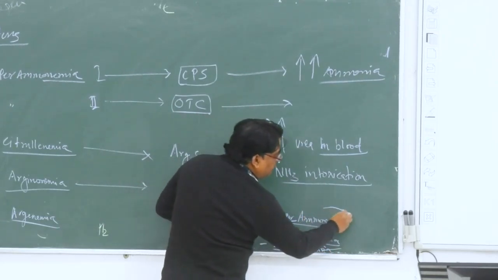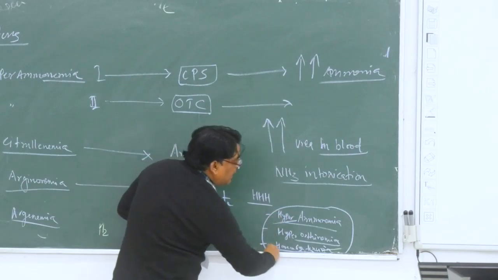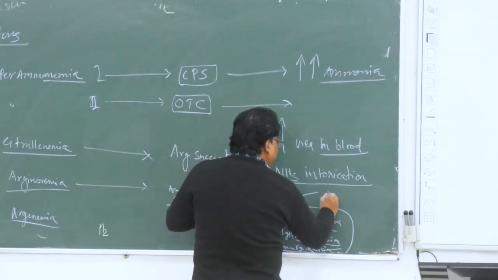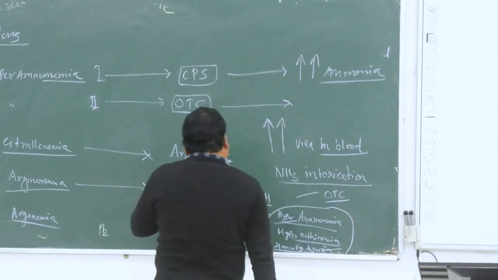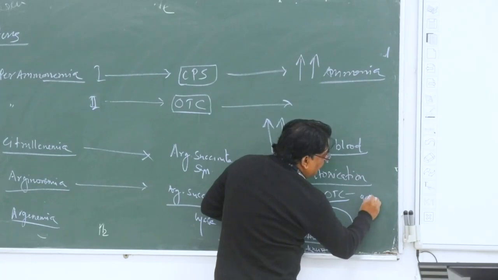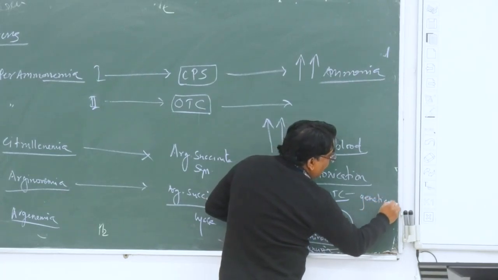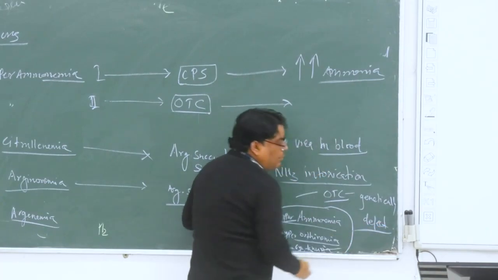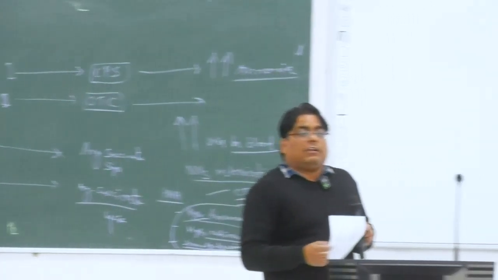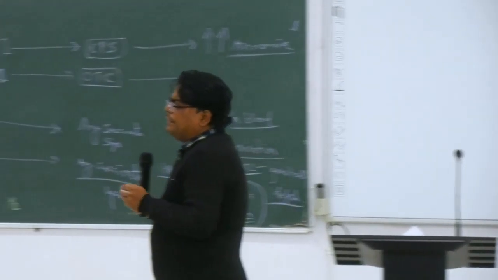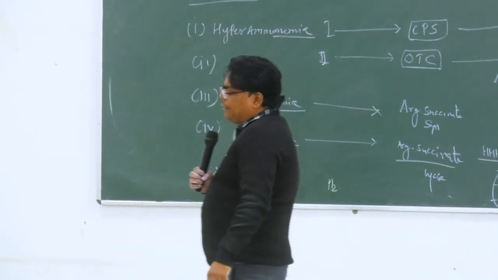These three conditions occur by a defect of the enzyme called OTC enzyme, ornithine transcarbamylase, a genetic defect. So if there is a gene defect, the OTC enzyme does not proceed well.